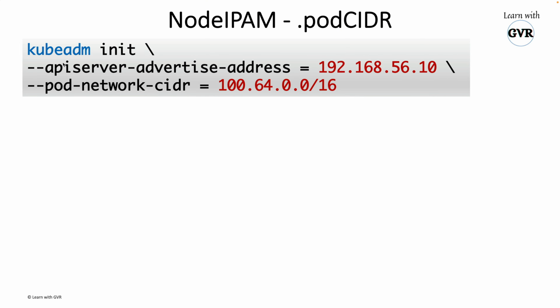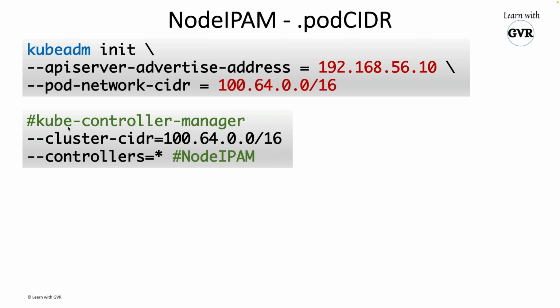Whenever you do that, the kubeadm system will provision a Kubernetes cluster, and a kube controller manager will also be created, which will populate the same value we gave, and controllers will be set to star, right?